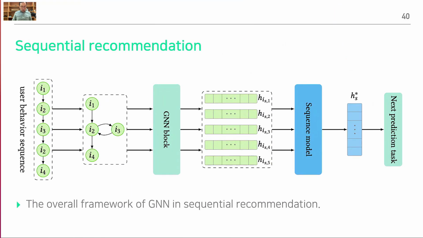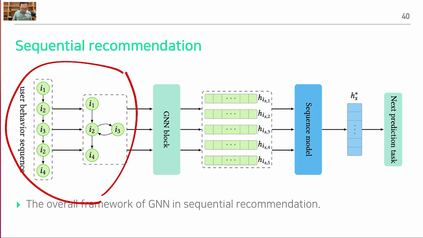Right. What about sequential recommendations? Due to the time constraint, I haven't introduced all the details. So this figure shows the general idea of the recommendation. We have talked about this notation, right? The sequential information is formed in the graph, and we learn the GNN.